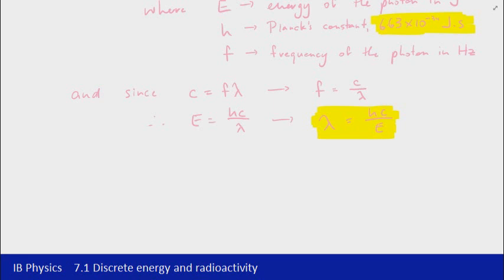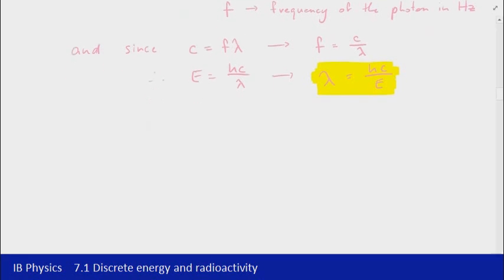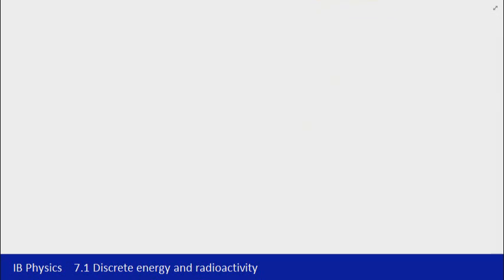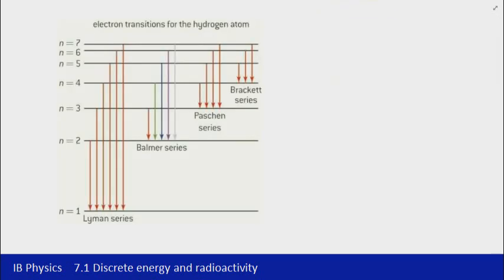Now, if we consider that for hydrogen we have all of these energy level transitions, we can represent that on an energy level diagram. So you'll notice on this diagram we've only got the energy levels indicated, so n equals 1 through to n equals 7. We haven't got the energies that are associated with them because we're not really worried about the energies here.